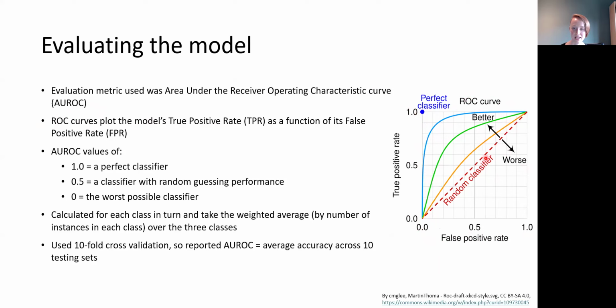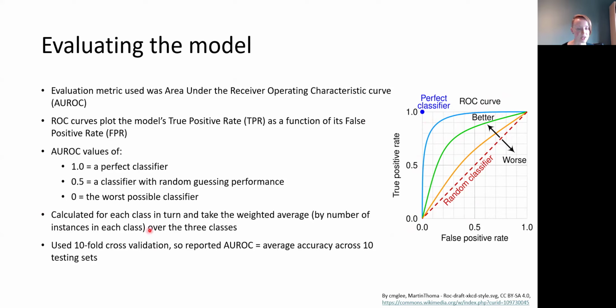If you have a random classifier, it would fall on the diagonal here. If you have a classifier that is worse than random, that's not great, so probably don't want to be using those. But often you'll see curves that look something like these ones here, with this one being the best classifier there.